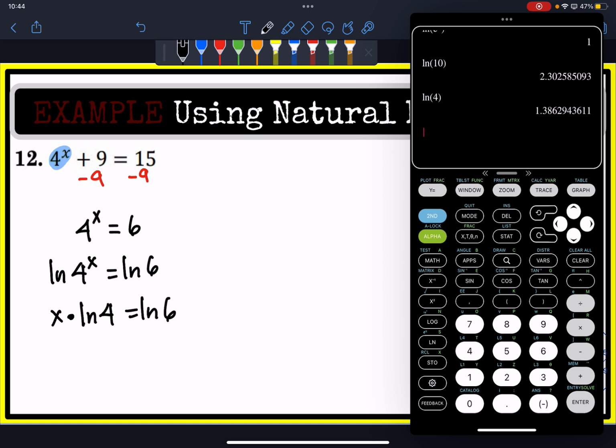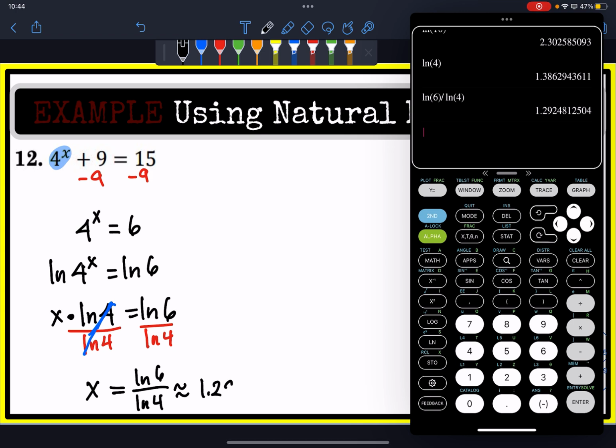We're going to divide by the natural log of 4. This becomes 1. And x equals the natural log of 6 over the natural log of 4. Which is approximately 1.292. And there you have it.